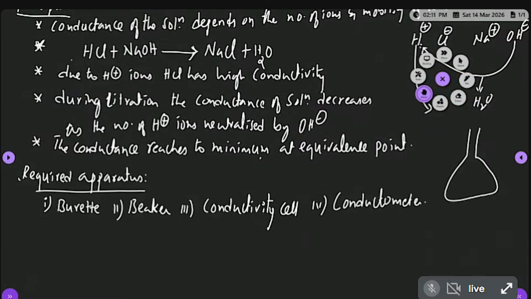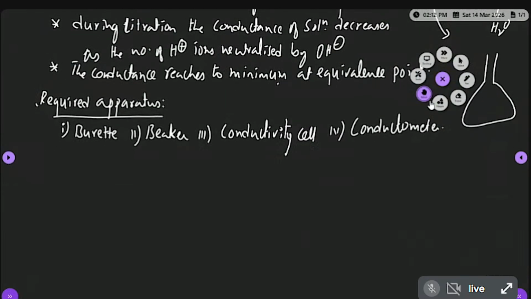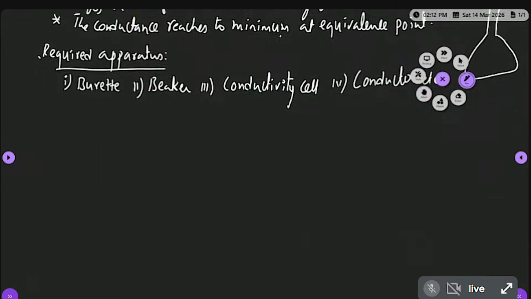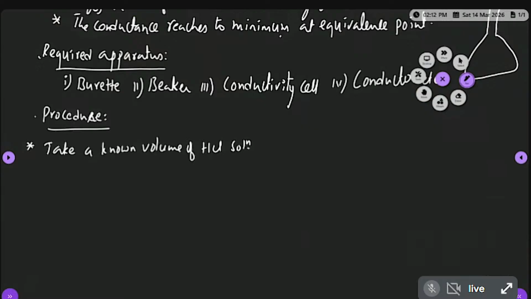And next, procedure. ఎలా చేయాలి? Right? Procedure, first point. ఎలా చేయాలి? Take a known volume of HCl solution in a beaker.